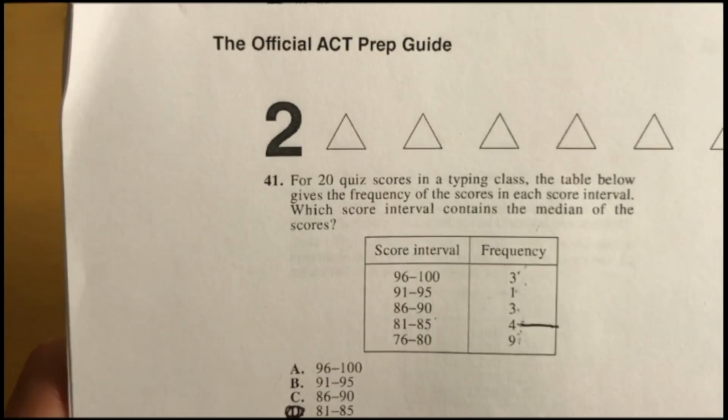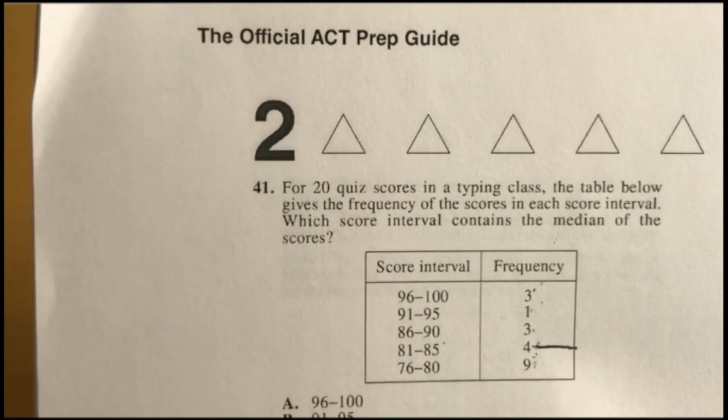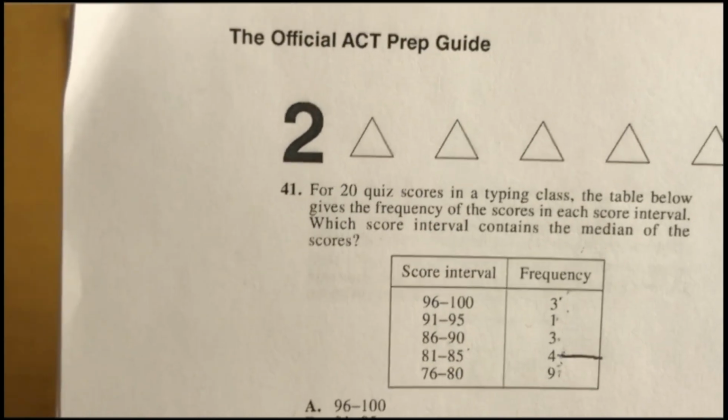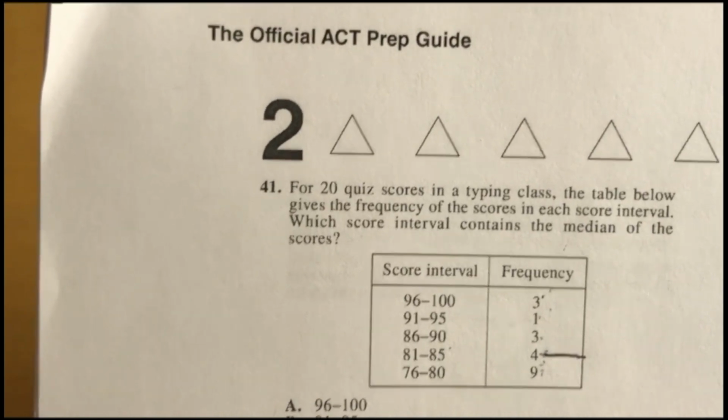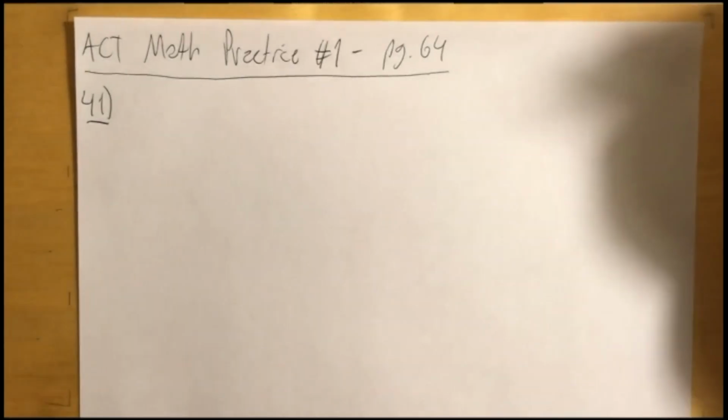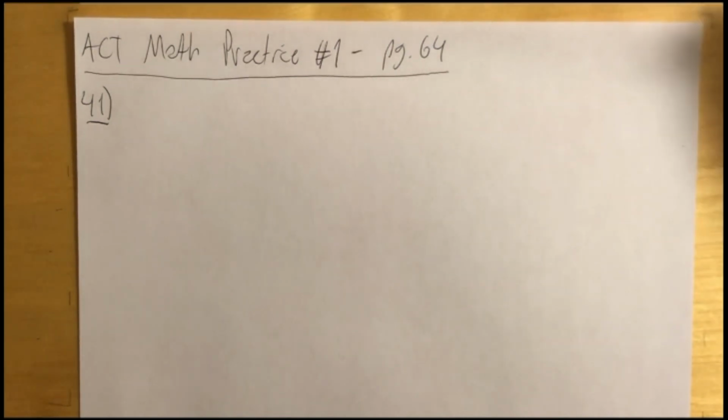Here, the problem says, for 20 quiz scores in a typing class, the table below gives the frequency of scores in each score interval. Which score interval contains the median of the scores? So then the median is going to be the middle value.